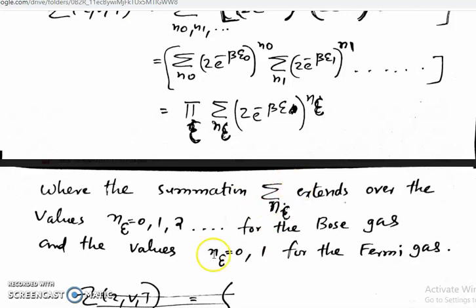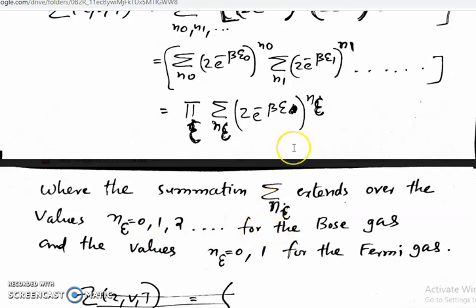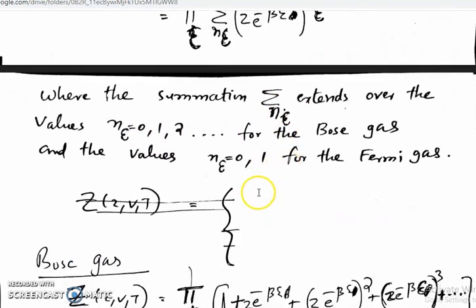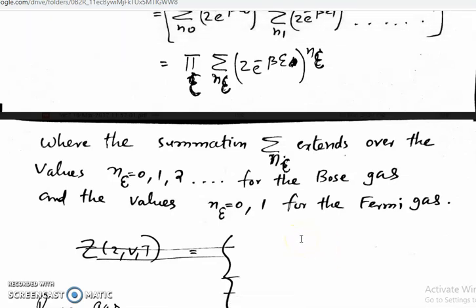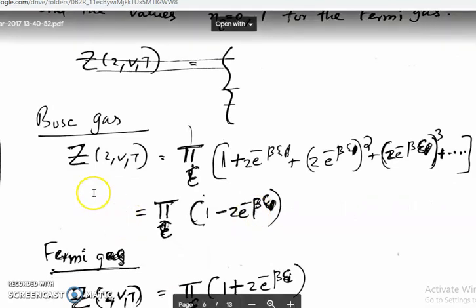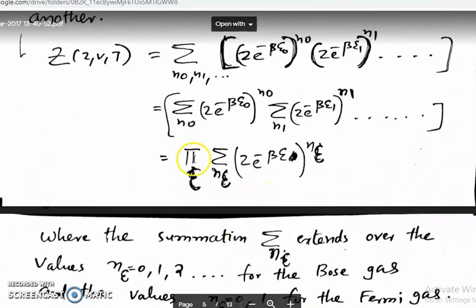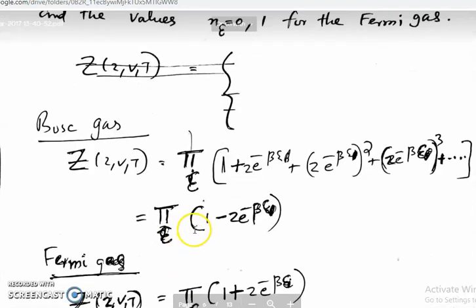And for the Fermi gas, we know it obeys the Pauli exclusion principle. So a level can be occupied by at most one particle, maximum one particle. So 0 or 1.